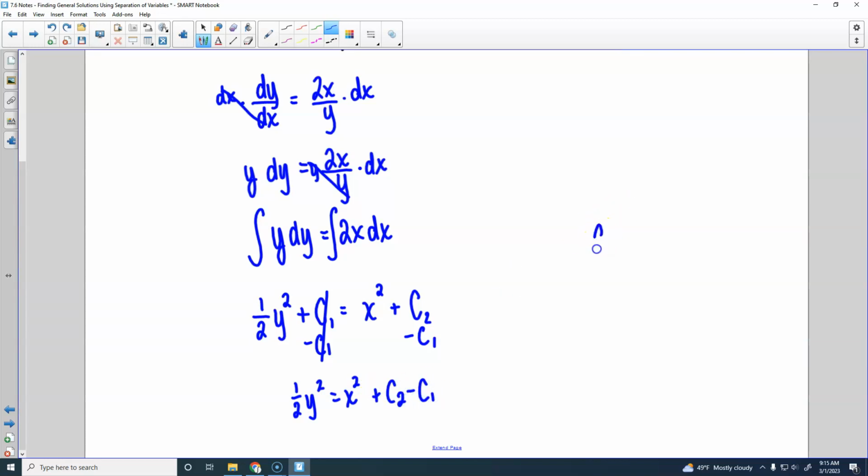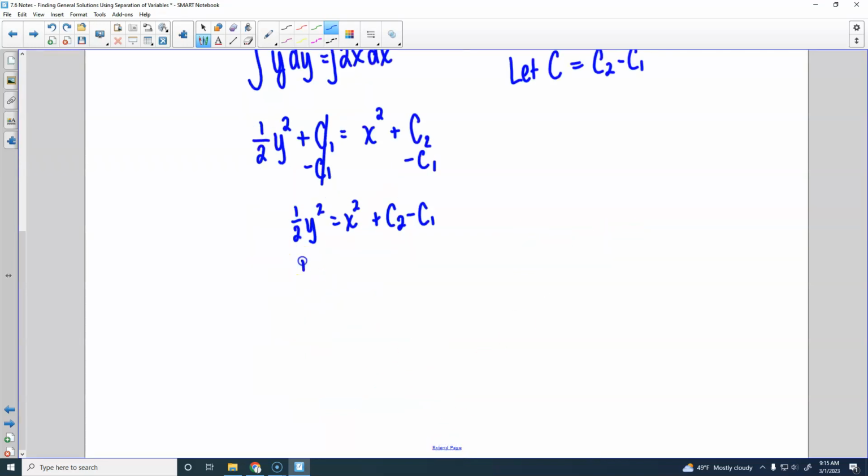So c2 minus c1, those are just unknown constants, which is just another unknown value, right? So we could say let just capital C equal this. So we could have 1/2 y squared equals x squared plus C.